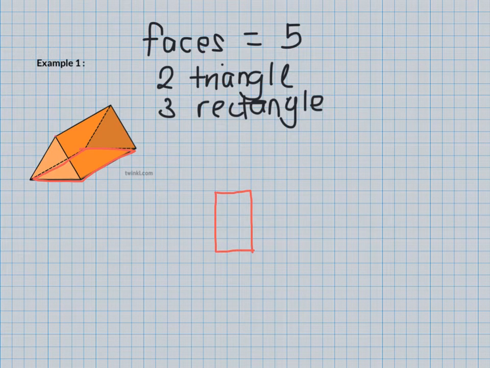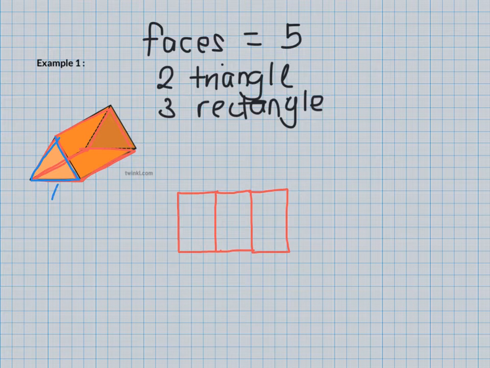Then moving on, I'm going to draw another rectangle that is on the right of the bottom rectangle, and another rectangle that is on the left of the bottom rectangle.